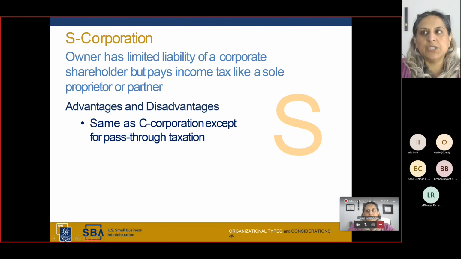So the taxation on the S Corp, this is a major difference between the S Corp and the C Corporation. In an S Corporation, all business profits pass through to the owners, who report them on their own personal tax returns.